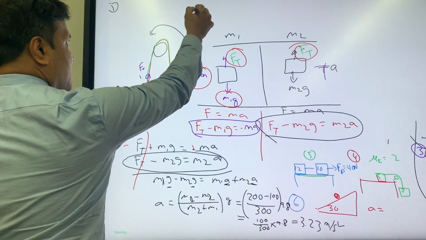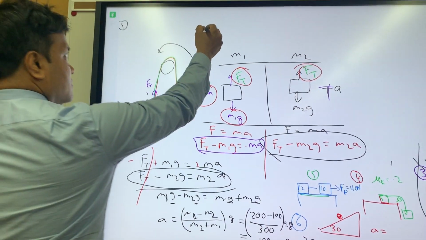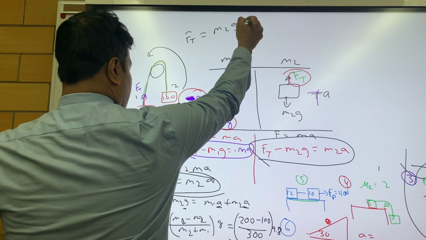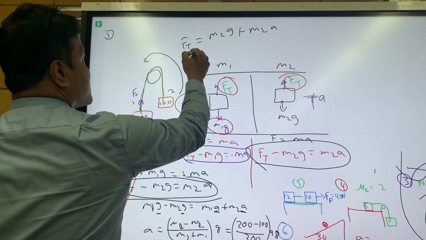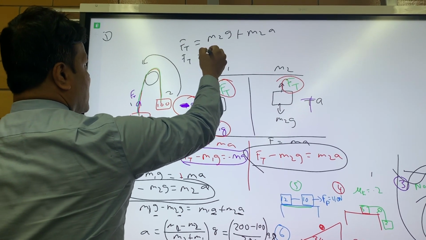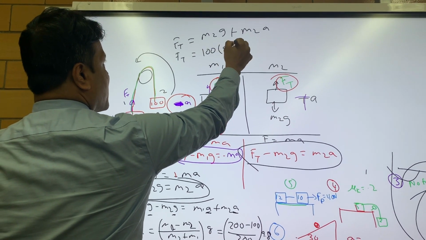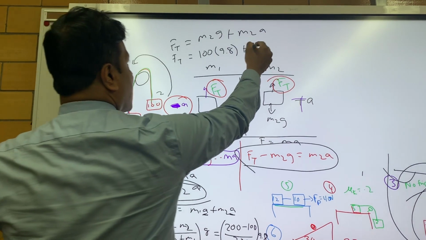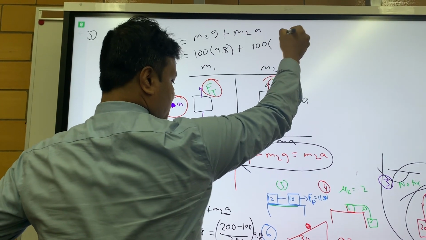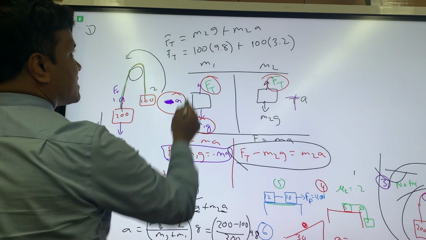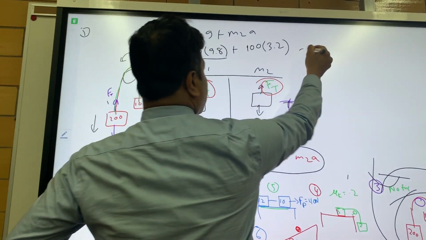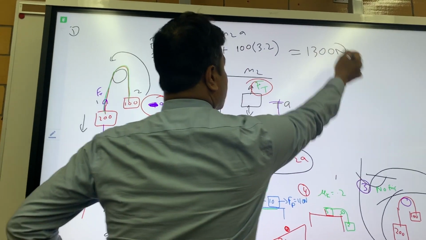Ft is equal to m2g plus m2a. So Ft is equal to 100 times 9.8 plus 100 times 3.2. So what do you get? 1300. Altogether 1300? Yeah, 1300.